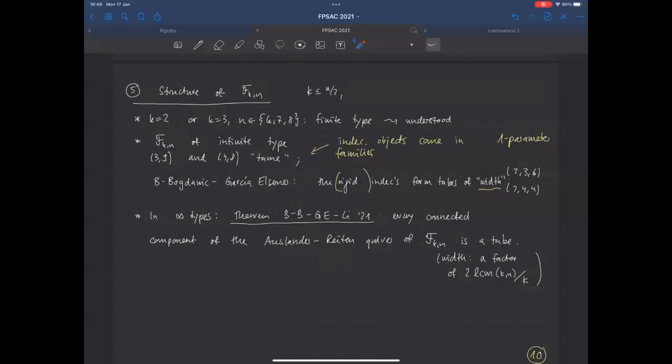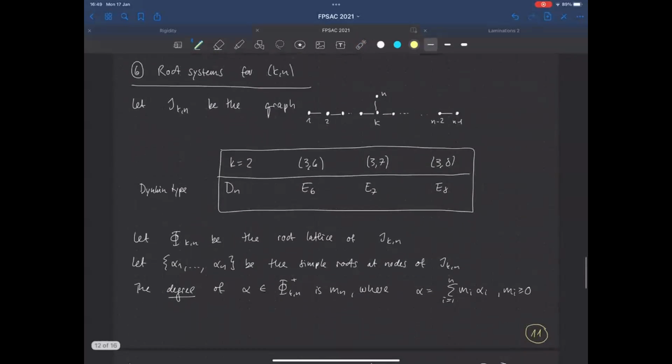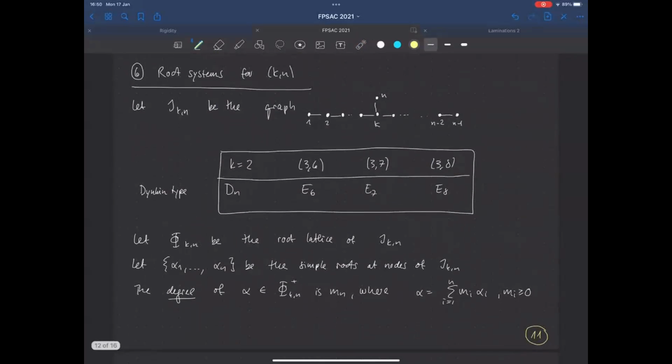Okay. So to understand the Grassmannian cluster categories, we first study rank 2 and rank 3. And then also consider the link to root systems. So there is an associated Kac-Moody Lie algebra or root system.